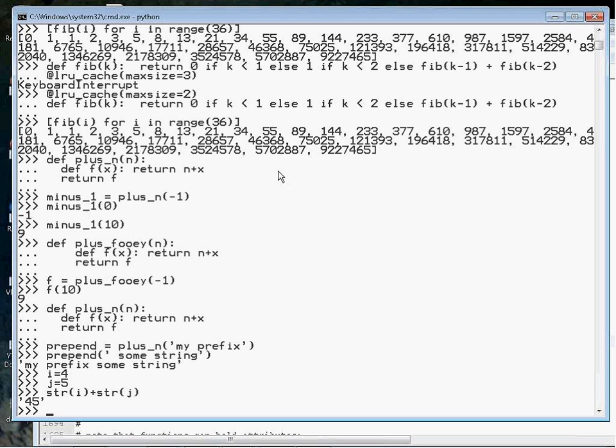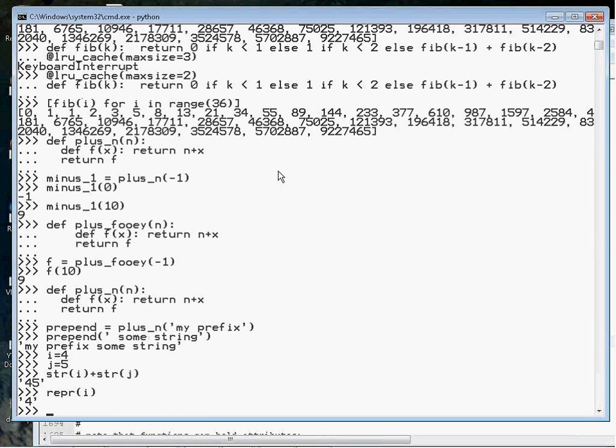I can say something like repr of... if you have repr working the way that I like to see it working, if you take the repr of an object and evaluate it, you get back an equivalent of the original object.